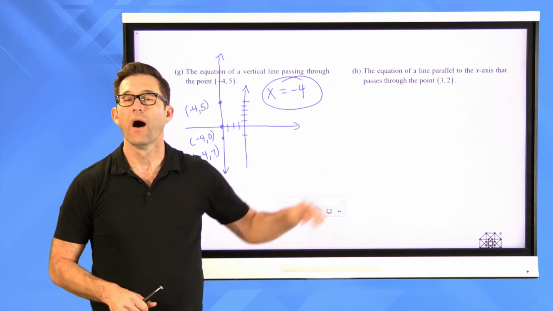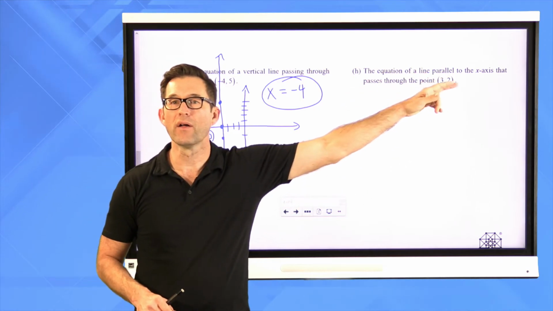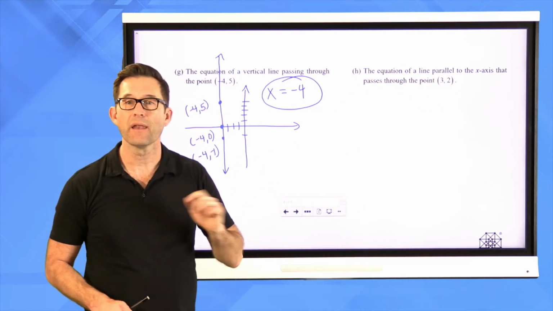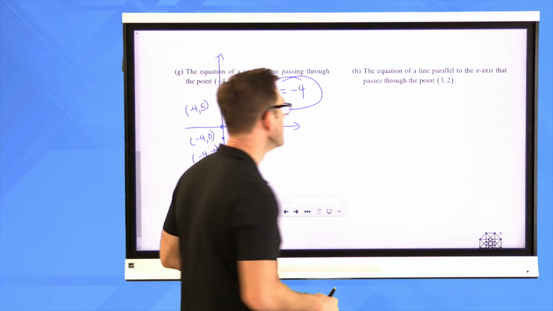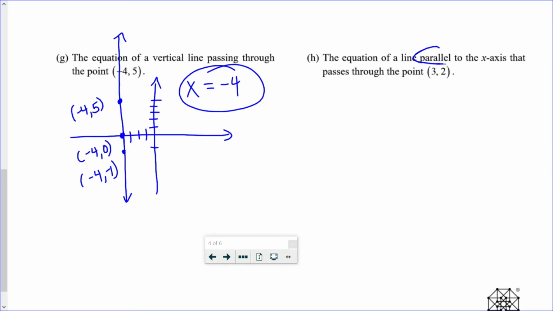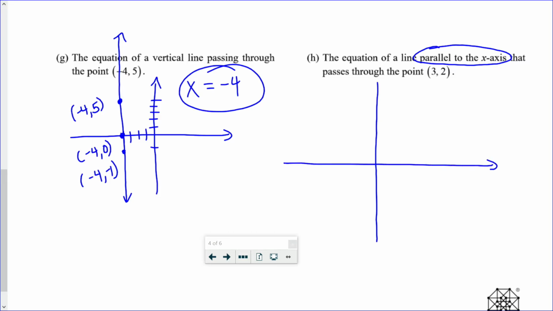All right, I want the equation of a line that's parallel to the x-axis and passes through the point (3, 2). Again, to me, it's helpful to draw a little sketch and say, well, I've got the point 1, 2, 3, 1, 2. Let me put my little y and x there.